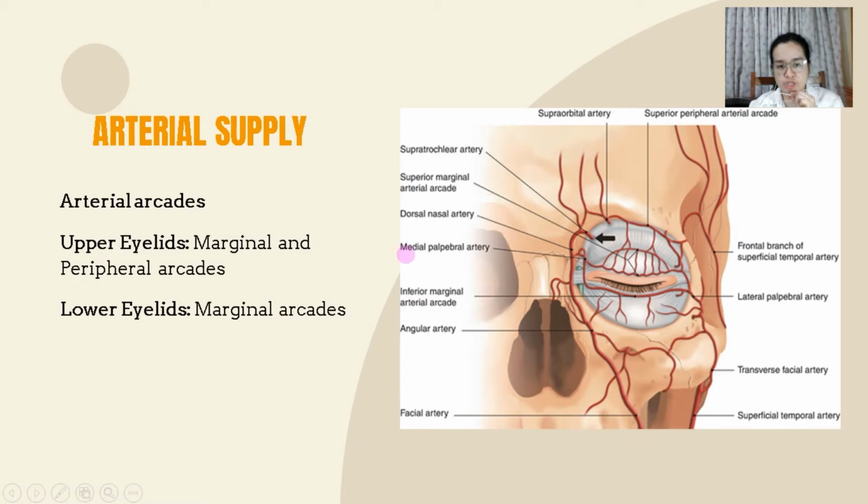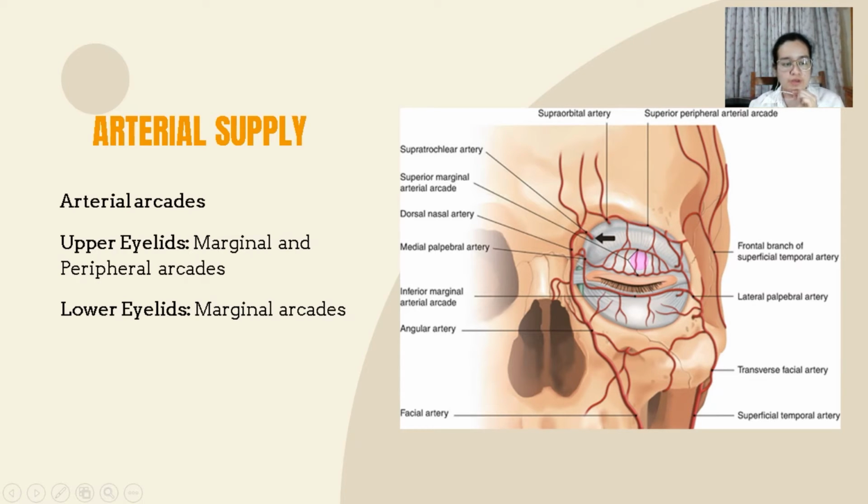So the medial palpebral artery, this one, and the lateral palpebral artery, this one, anastomose to form the vascular arcades of the eyelids. In the upper eyelid, it is composed of the superior marginal arterial arcade, this one, and the superior peripheral arcade, this one.